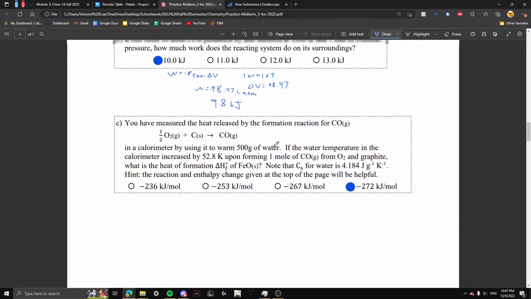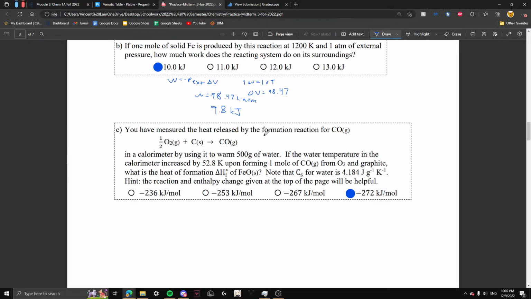This one measures the heat released by the formation reaction for carbon monoxide. The water temperature increased by 52.8 upon forming 1 mole of carbon monoxide. What is the heat of formation of iron oxide? Pretty much, we increased the water temperature by 52.8, so we find out how many joules it took to raise the water by that amount.